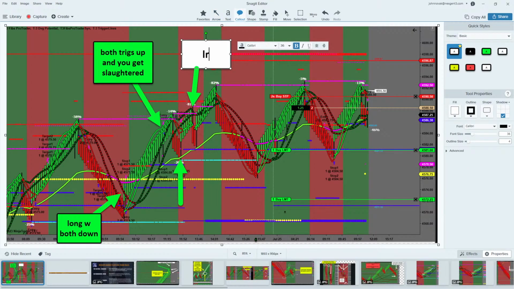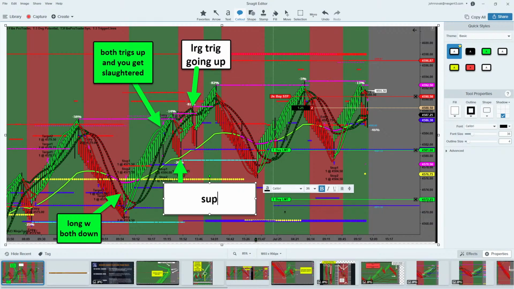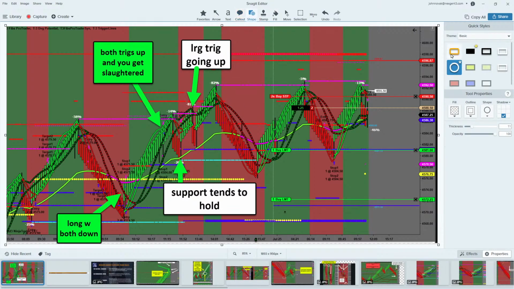So large trigs going up still. Support tends to hold. So you basically went short right here into support when the large triggers were still going up. That same short would have been good over here.